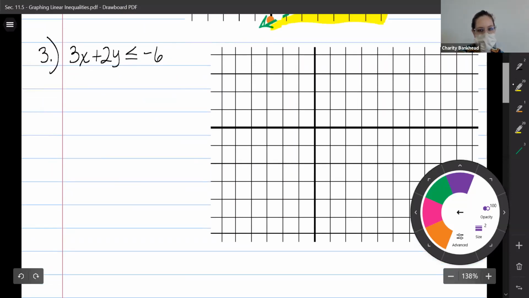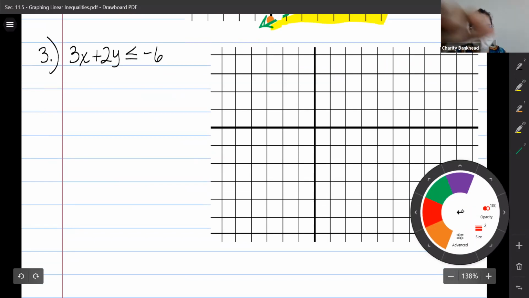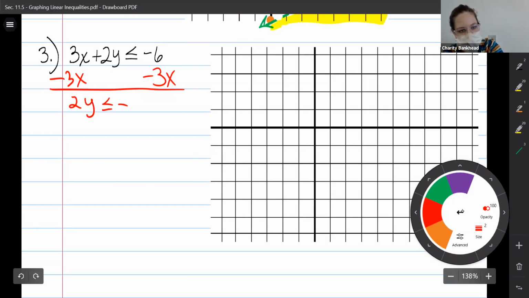Okay, so number 3 is not in slope-intercept form. So I'm going to start by getting it in slope-intercept form, which means I'm going to subtract 3x from both sides. So 2y is less than or equal to -3x minus 6. And then I need to divide each term by 2.